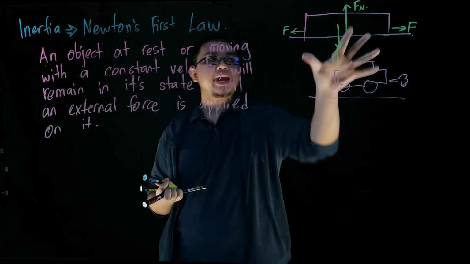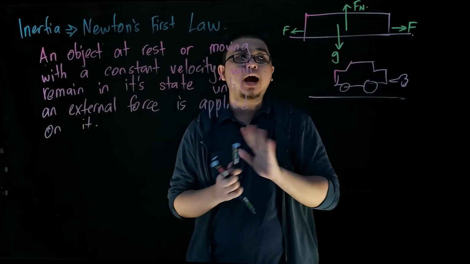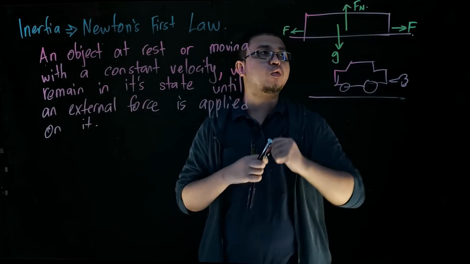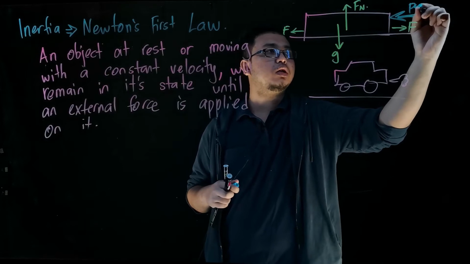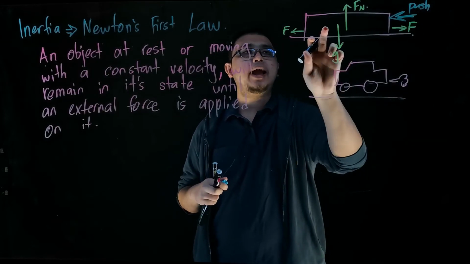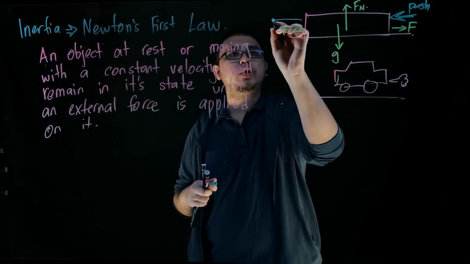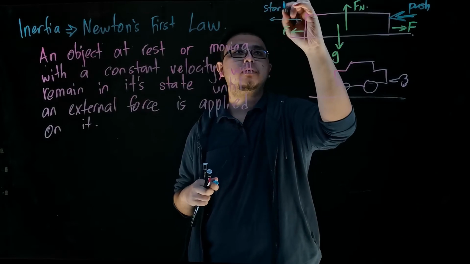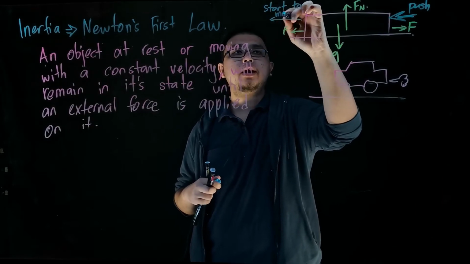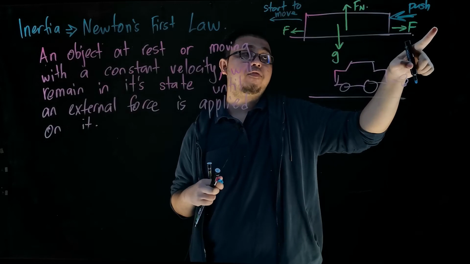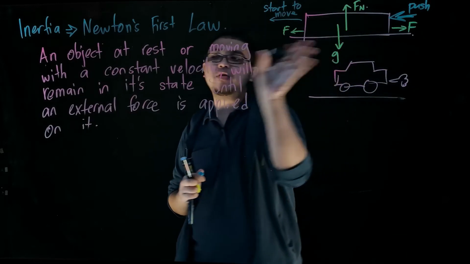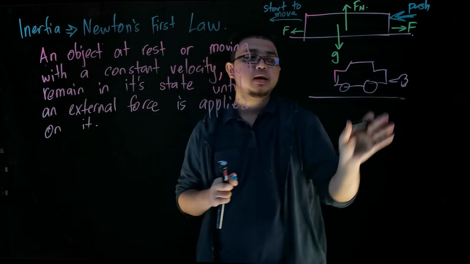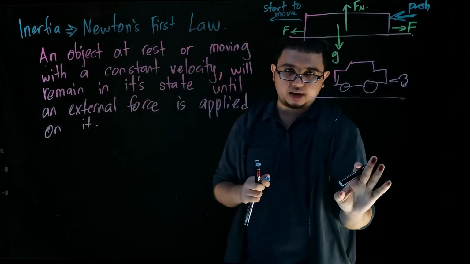So it will remain in this resting state, unmoving, until you apply an extra force. Let's say you push the block of wood, then only this block of wood will start to move. If you do not apply the extra force, this block of wood will just remain in its original state.